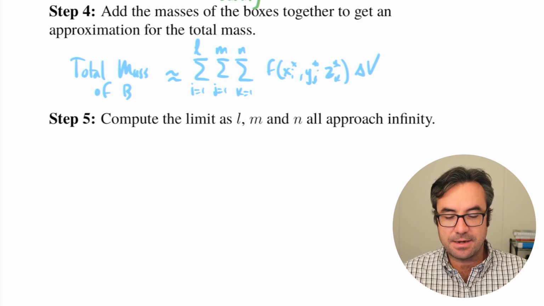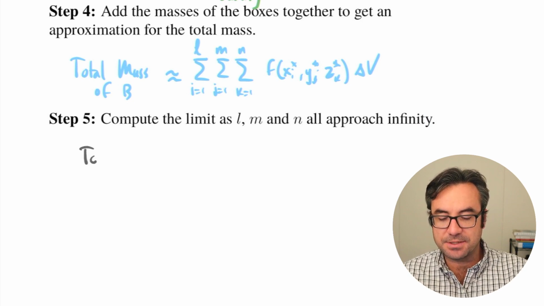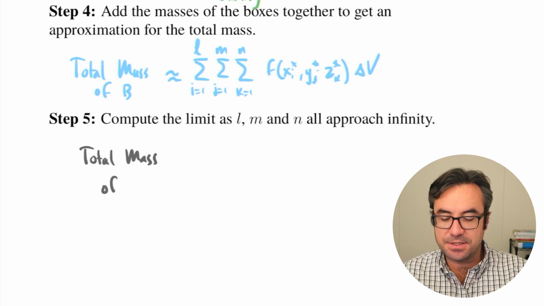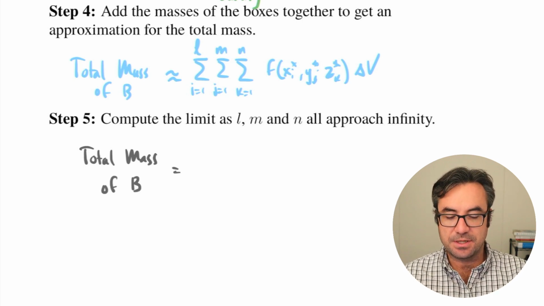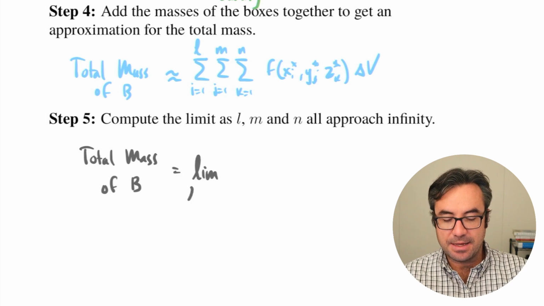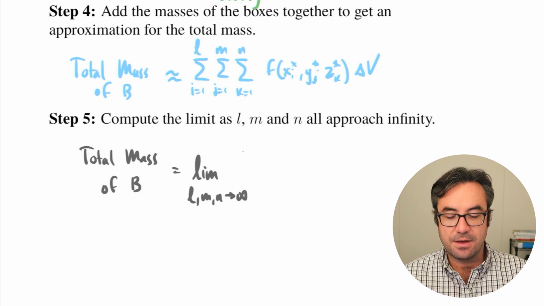And so that gives us the total mass. Not just an approximation. This gives us the exact value for the total mass. So it's the limit as L, M, and N all go to infinity of this triple Riemann sum.